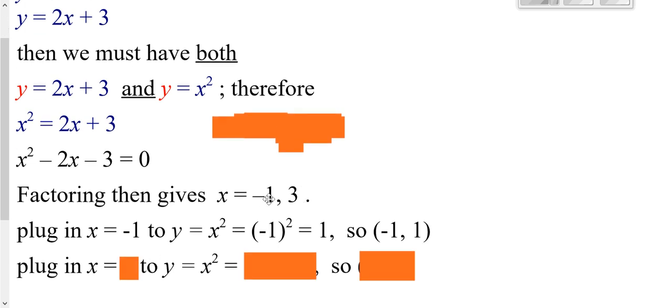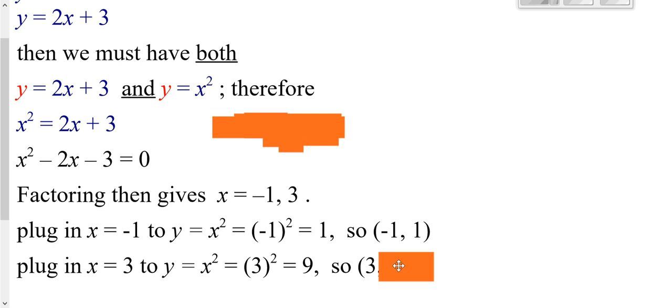Down below, we'll take our other value of x, plug it into our x squared, and we end up getting 9. So then we had the point plugging in 3, getting out 9. And so we get the point 3 comma 9.